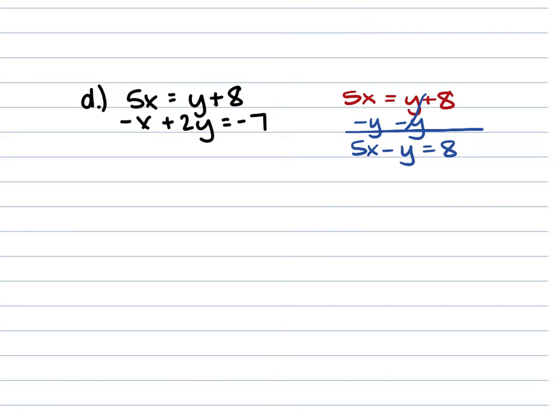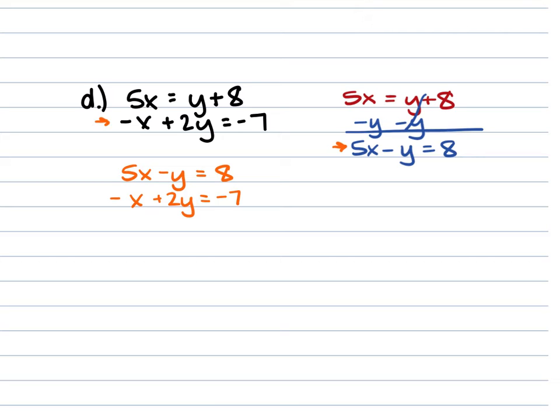From here, I'm looking at this 5x minus y is equal to 8, and this negative x plus 2y is equal to negative 7, in order to cancel out one of my variables. I can do one of two things in order to cancel out one of these variables.